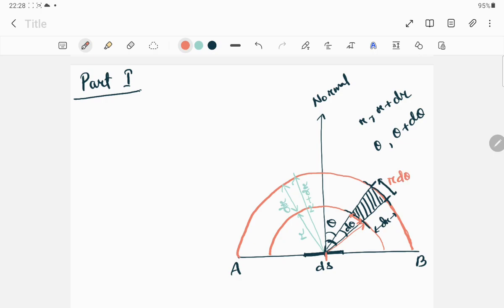This portion will be called r d theta, and this radial length is dr. So if I ask you what is the area of this shaded portion, this shaded area is r d theta into dr.